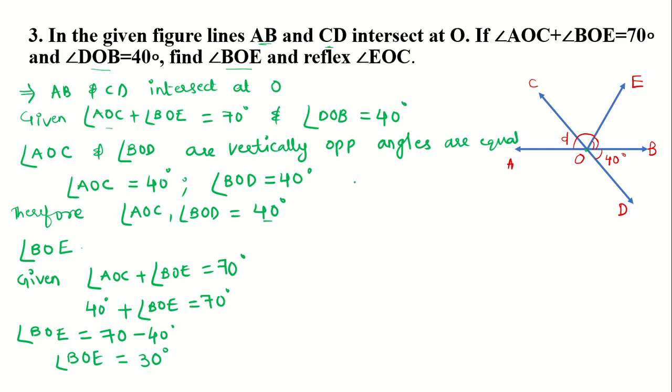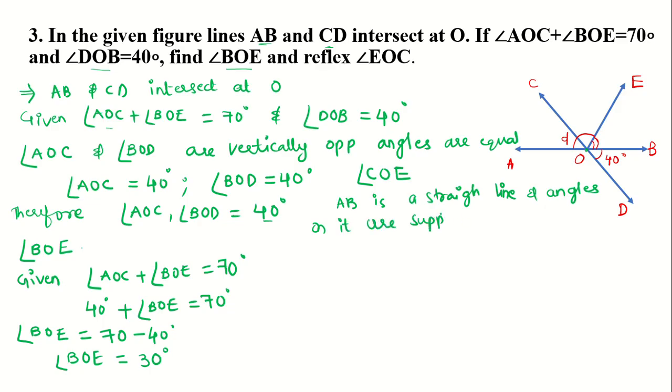Now, let us find angle COE. Since you can see here, AB is a straight line, and angles on it are supplementary.